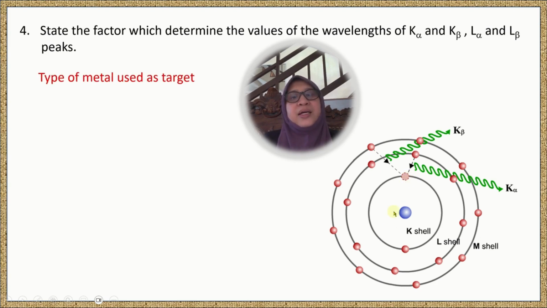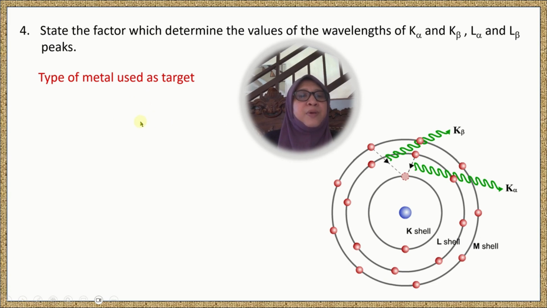The factor which determines the values of K alpha and K beta, or L alpha and L beta peaks, is the type of metal used as a target. Different metals used will give different K alpha and K beta.